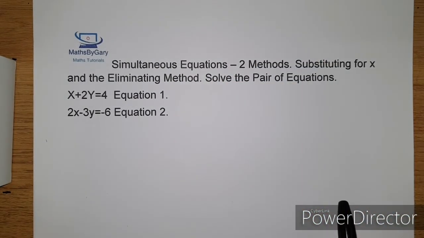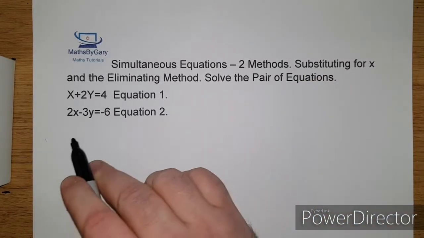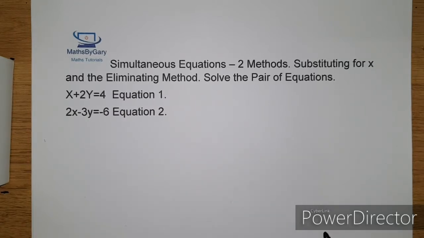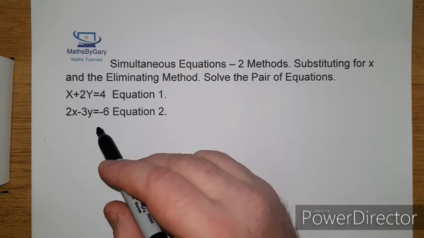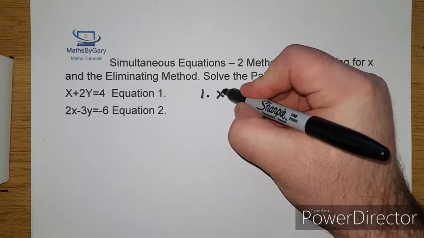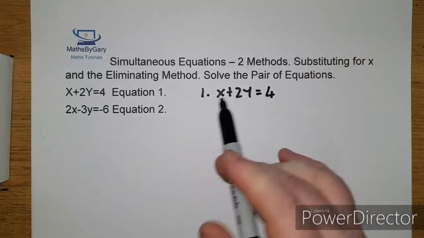So the first way in which we can solve is substituting for x. What we do is we pick one of the equations. We would pick equation 1 in this particular example, simply because equation 1 is x plus 2y equals 4, so it's an easier equation to work with.